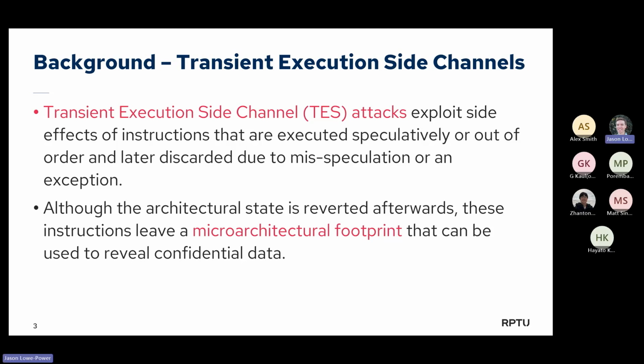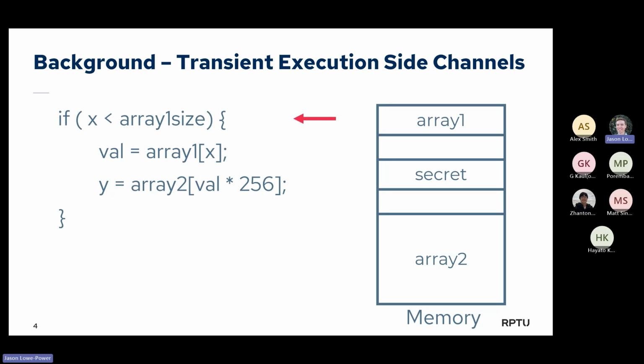May sound complicated at first, but let me run you through a quick example. This is one of the first attacks, the classical Spectre version 1. We have an if condition that checks if our index is within the bounds of our array, and then we do a load from the index and do something else after, and we run this within a loop. Then our branch predictor always says, okay, we will take this if condition.